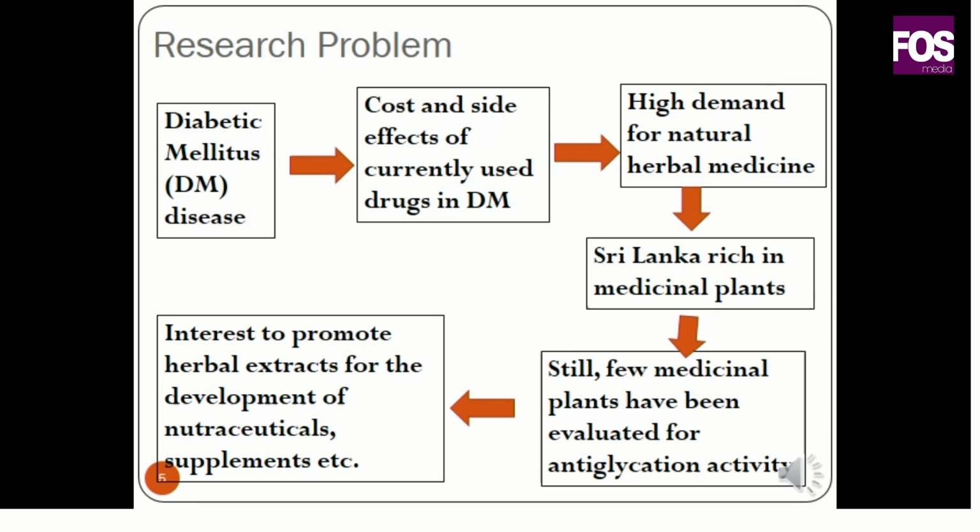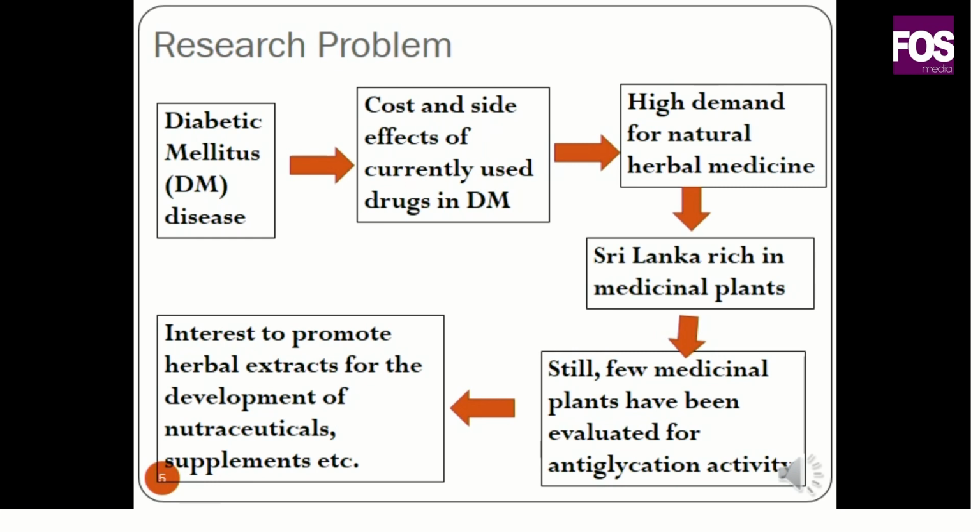Let's move to my research problem. The disease is diabetes mellitus. It can be short-term, long-term, or combined with other disorders. Currently, chemically synthesized drugs are used to control diabetes, for example, metformin and acarbose.